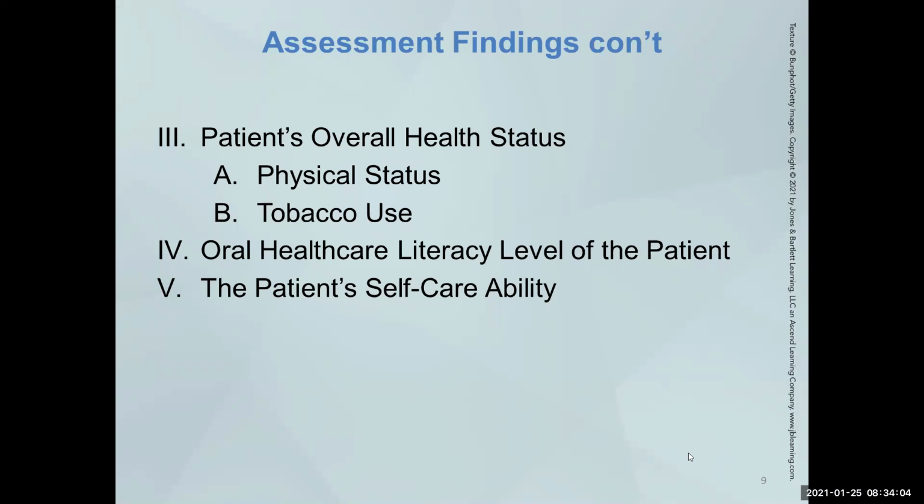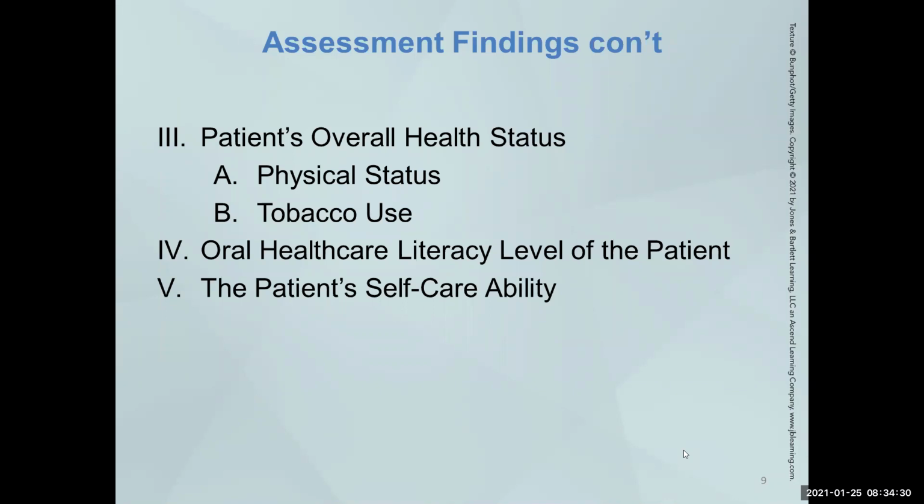And what's the patient's self-care ability? They're doing the Tim Conway shuffle coming back, and they've got arthritis and they can barely sign their name. Are they going to be able to utilize all these wonderful gadgets you want to give them? Can they floss? They've got arthritis, where is it?